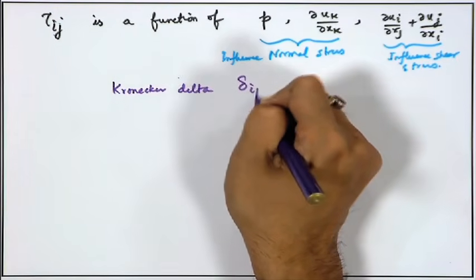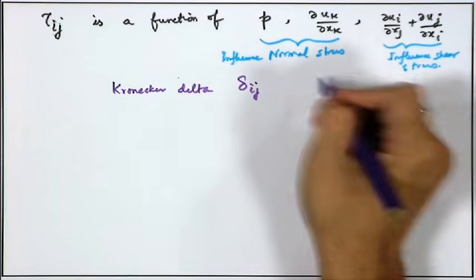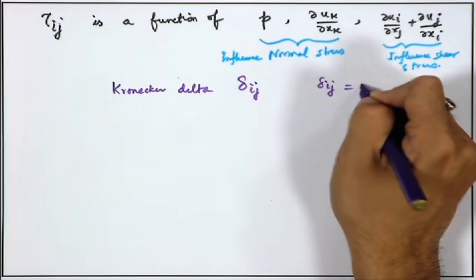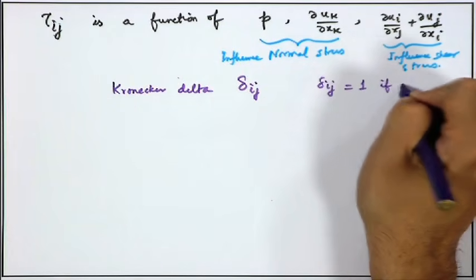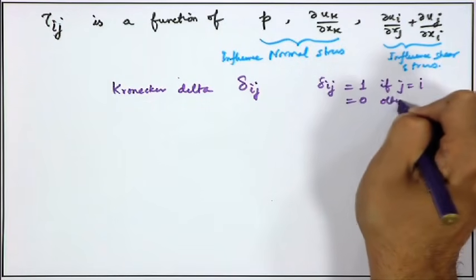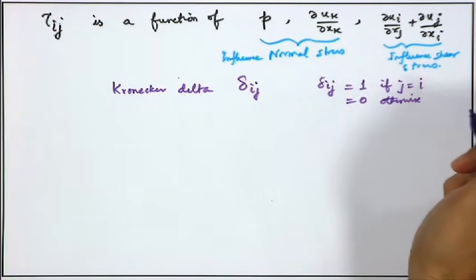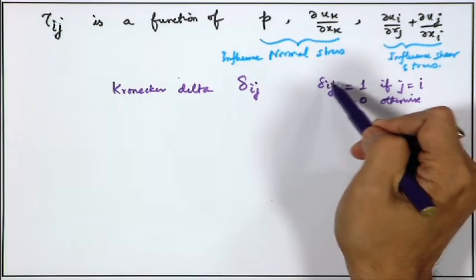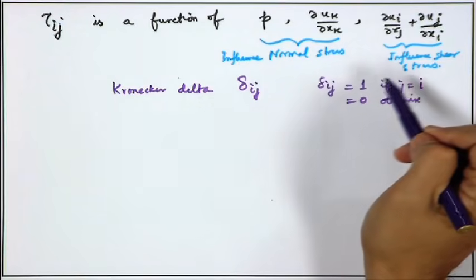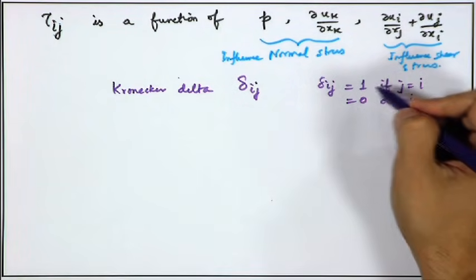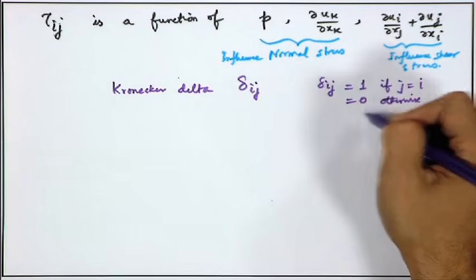Delta ij is again a second order tensor, equal to 1 if j is equal to i and equal to 0 otherwise. So, if we use delta ij, you make sure that it is only j equal to i, that is the normal component, that is non-zero, and the shear component will be 0.